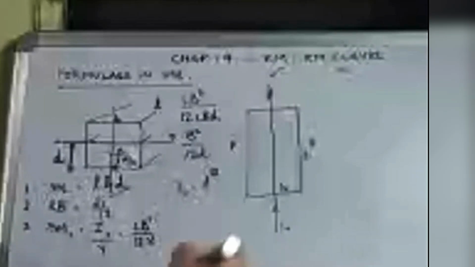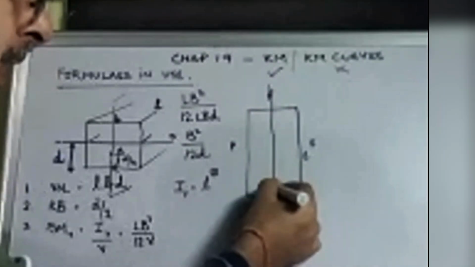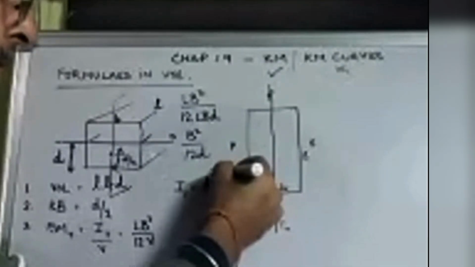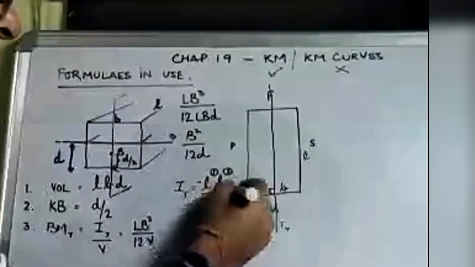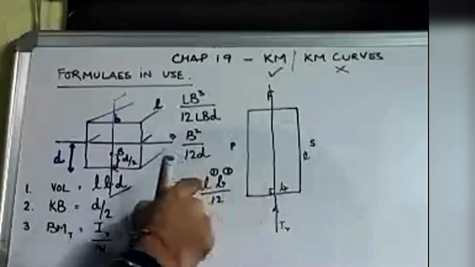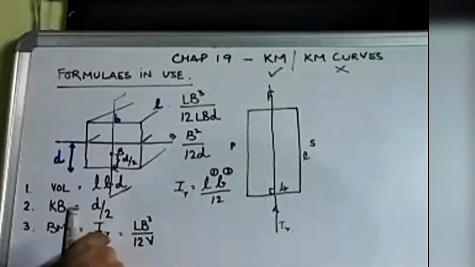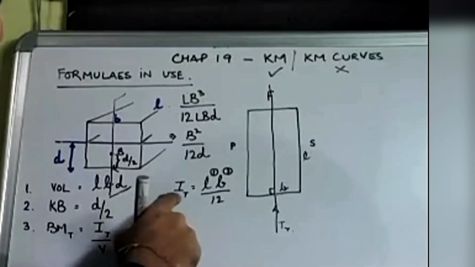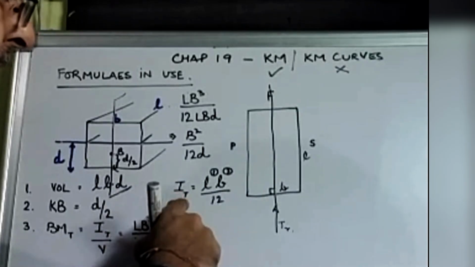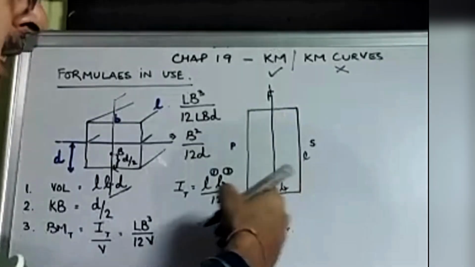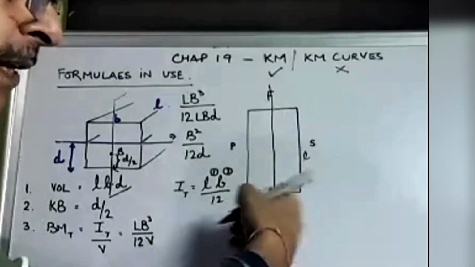The length is powered as 1. The side which is perpendicular to the axis is powered as cube, divided by 12. That's the reason why this LB cube by 12 was written here. So this is moment of inertia I transverse, because it is cutting the transverse side.